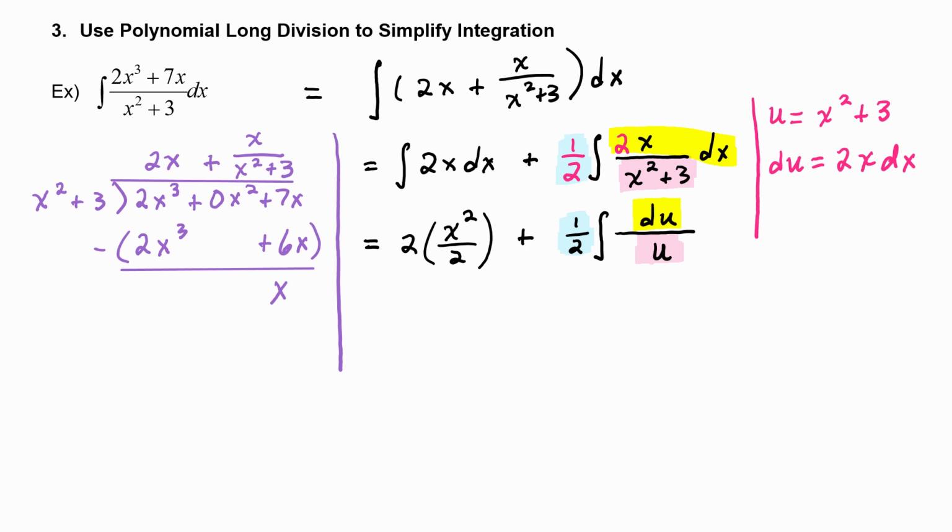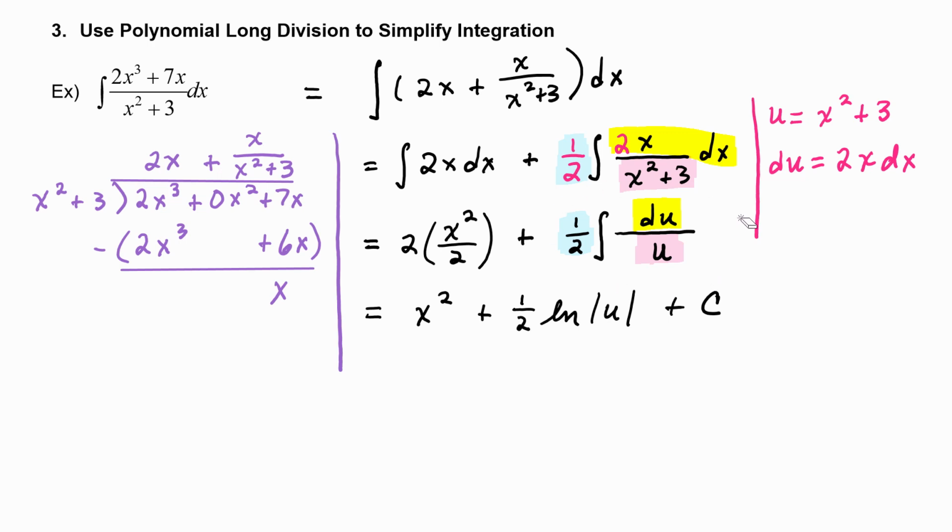And remember, we still have that plus c coming. We're just going to put it on the end. So let's continue to simplify. This first term becomes x squared. Bring down the plus sign. And this second term is going to integrate to become 1/2 natural log absolute value of u, and now we'll go ahead and put on that plus c.